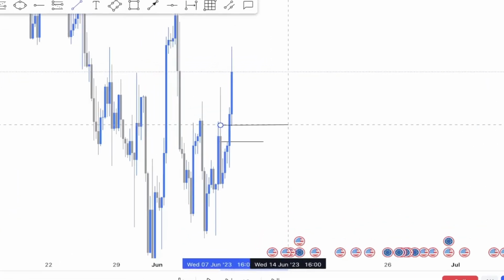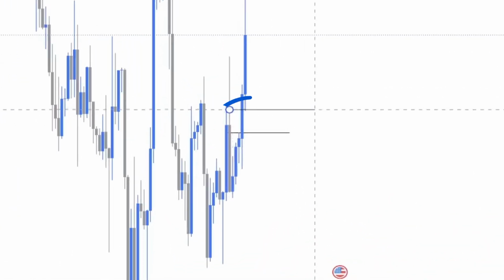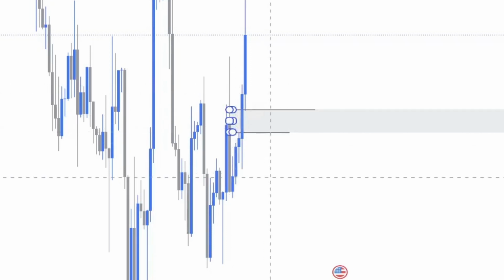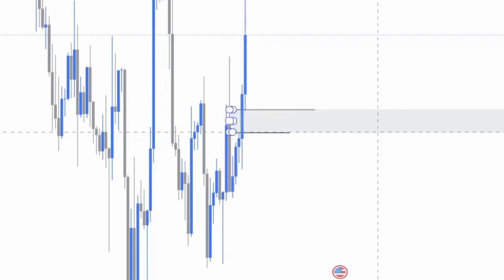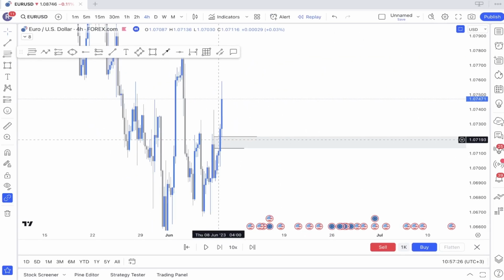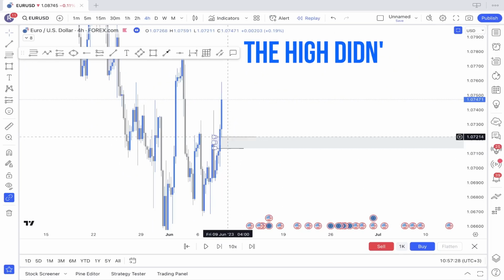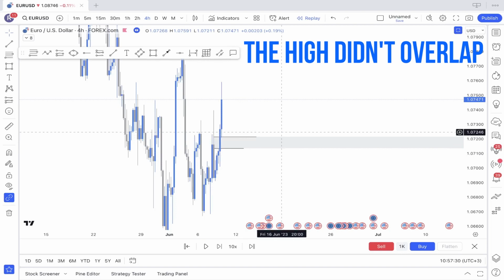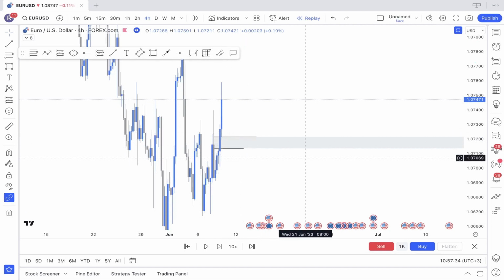So right here, this is a fair value gap. This zone that was formed between these two candles is the fair value gap, because again, the high didn't overlap with the low of the third candle. Okay, so this right here is a fair value gap.